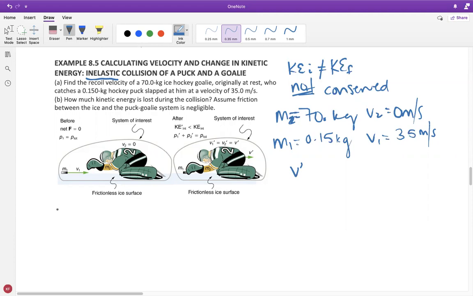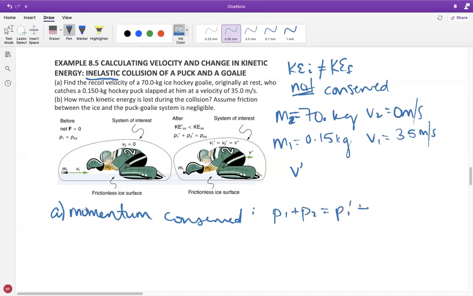Remember that momentum is going to be conserved. So that tells us that P1 plus P2 should equal P1 prime plus P2 prime.